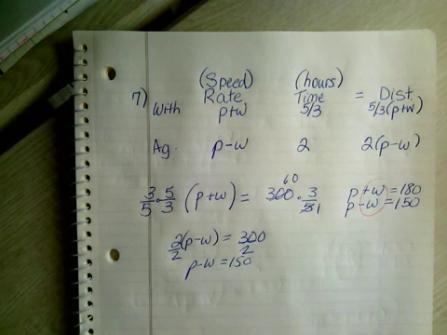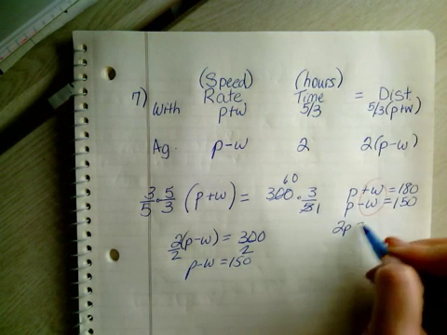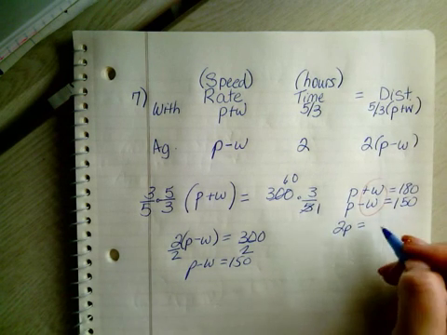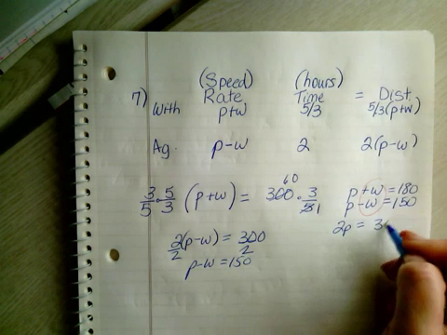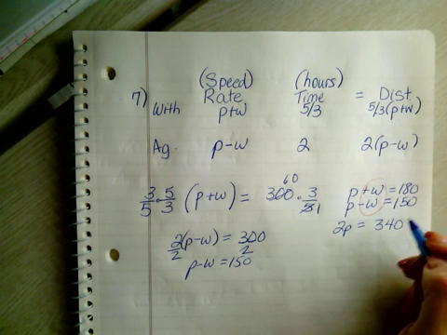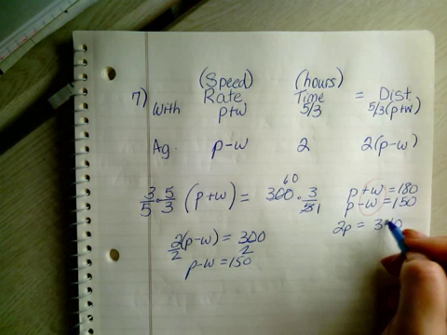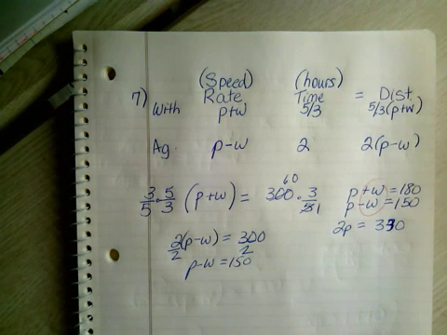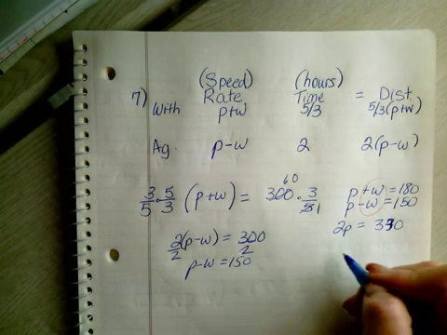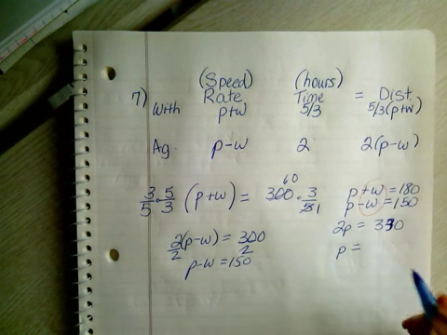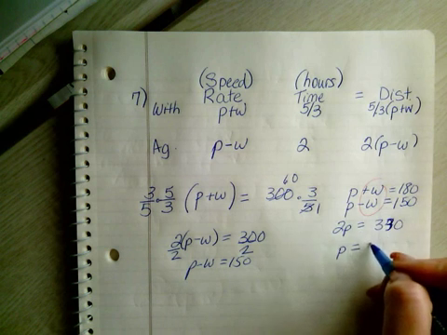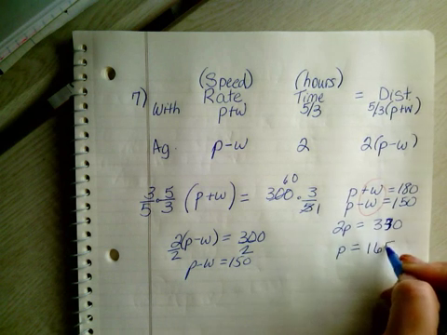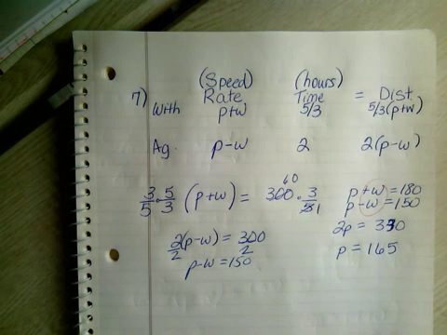And you should end up with 2P equals 330, thank you. There we go. Dividing by 2, we end up with P equaling what? 165, which means the helicopter's speed is 165.